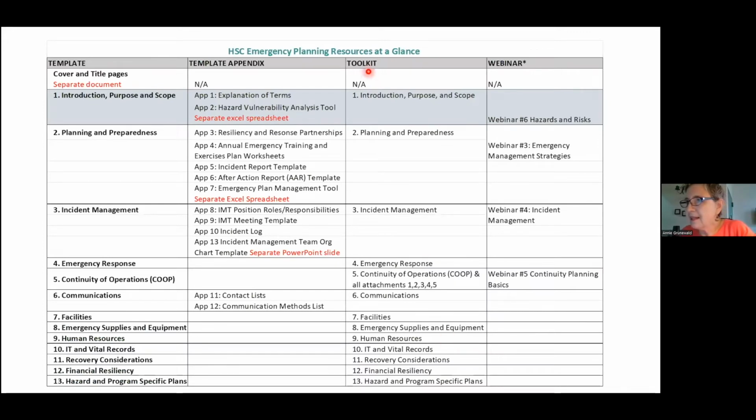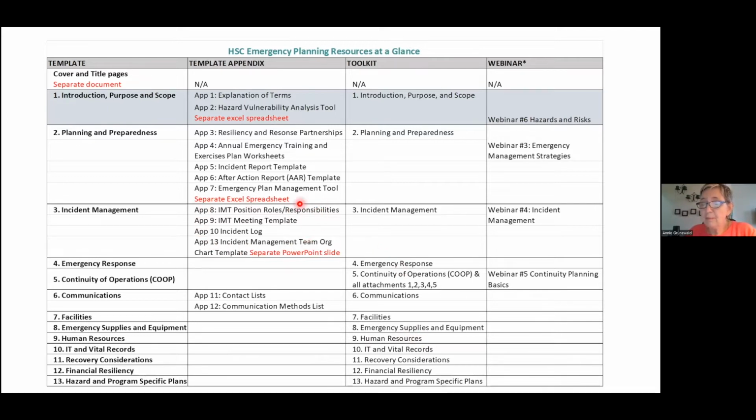So here is that tool at a glance. I just wanted to point out that it shows you all of the sections of the template, and that the toolkit follows the template. So if you want to find out more about how to populate the section on human resources policies related to emergencies, you can look at that section in the toolkit.